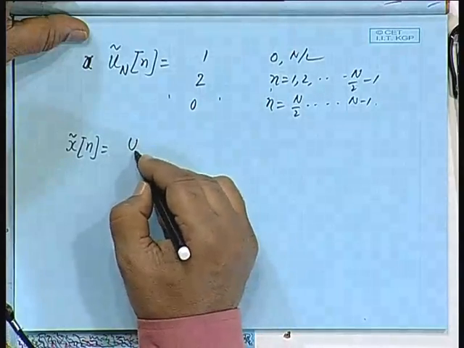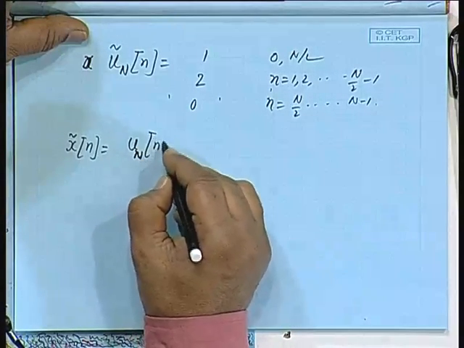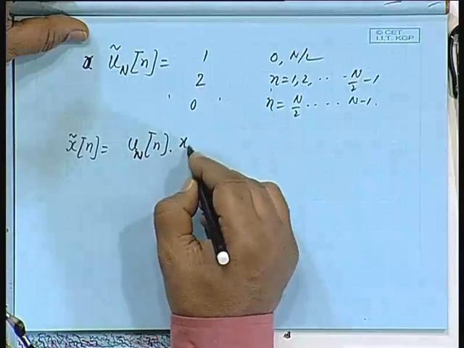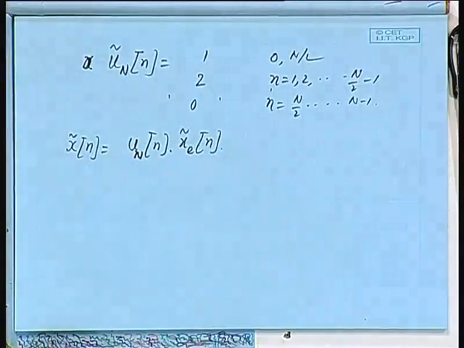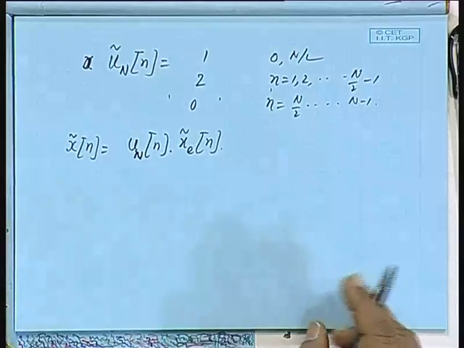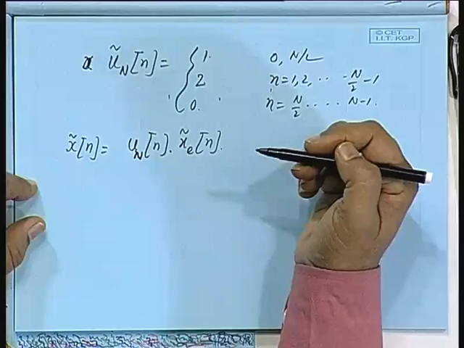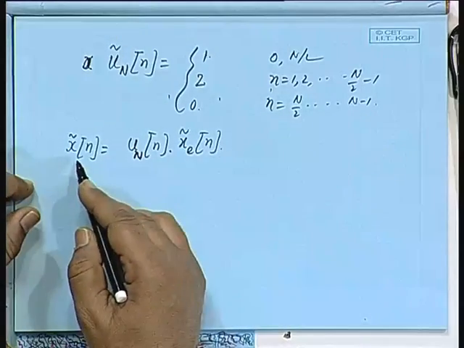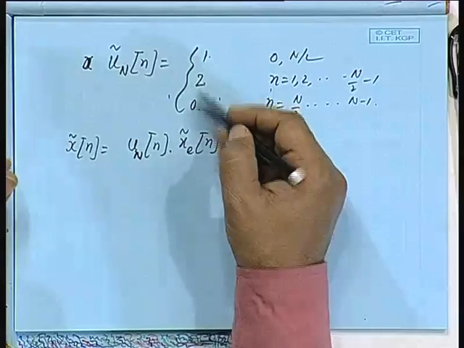as un n into Xen, is it not? Xen, if I multiply by a function which is defined like this, I will get the product Xn. Term by term I multiply by 1, sometimes 2, sometimes 0.